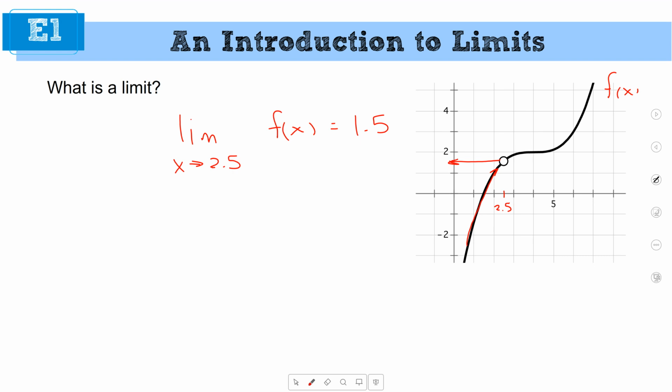There's a hole in the graph. It can't be 1.5. And this is the meat and potatoes, the heart of the idea for limits. It's the number that you get closer and closer to. It's not the number that it equals. So actually, my notation was sloppy here. It should be this. Okay, so then what's this?